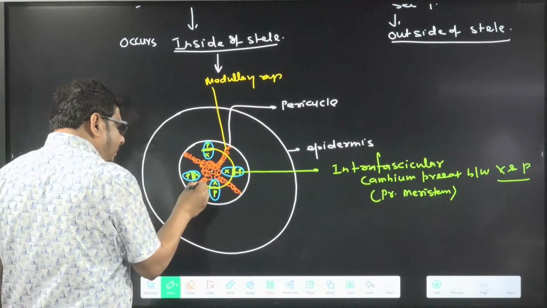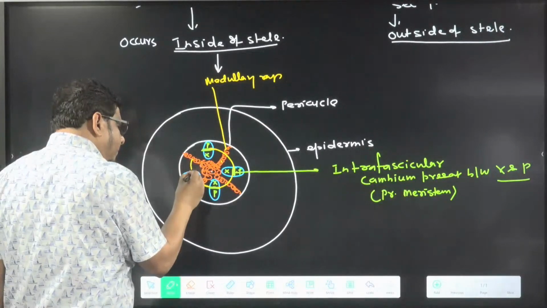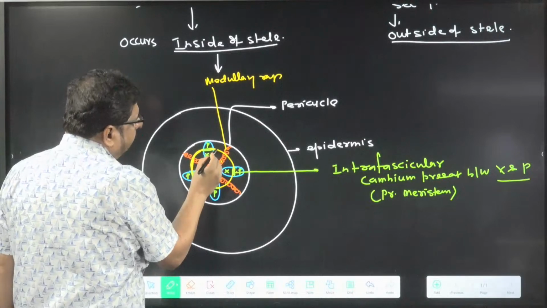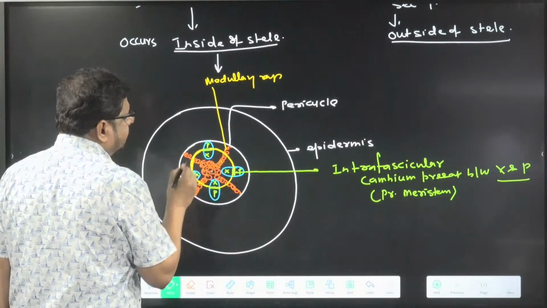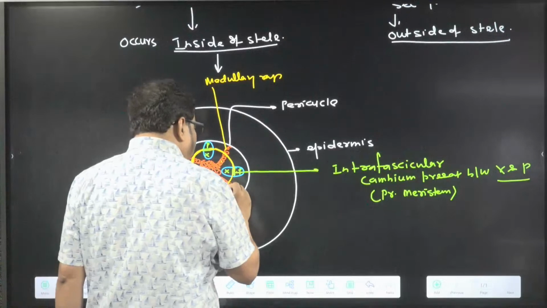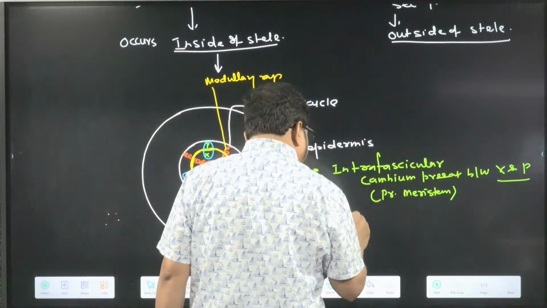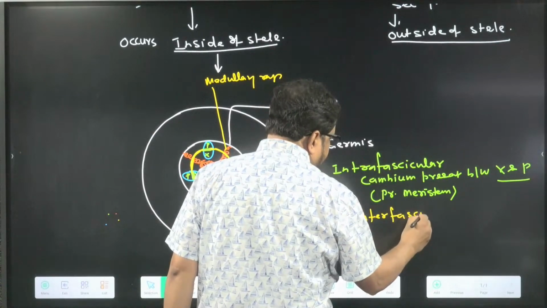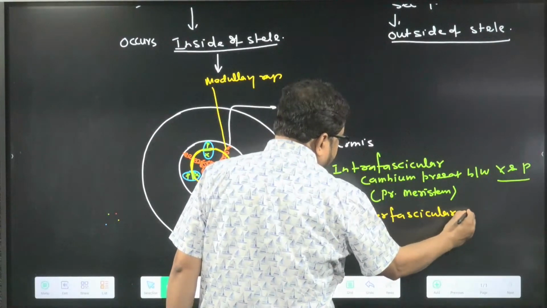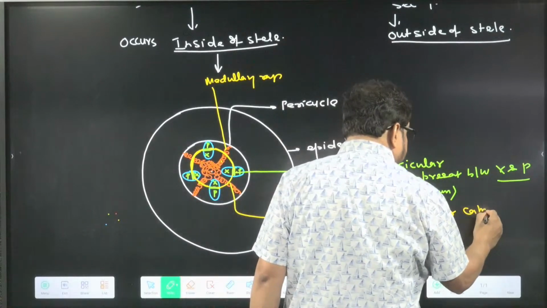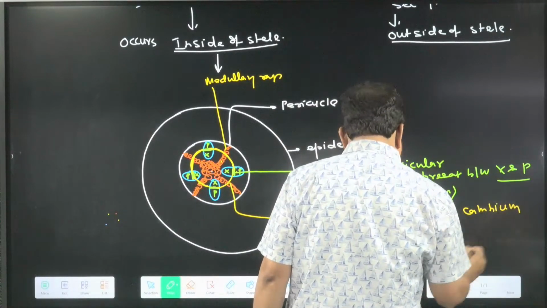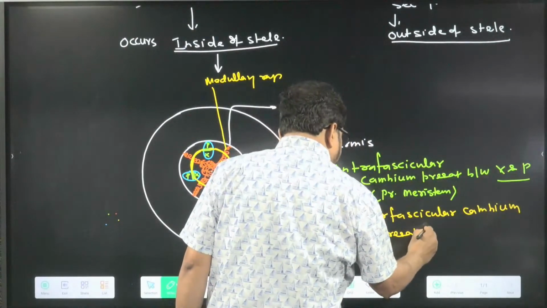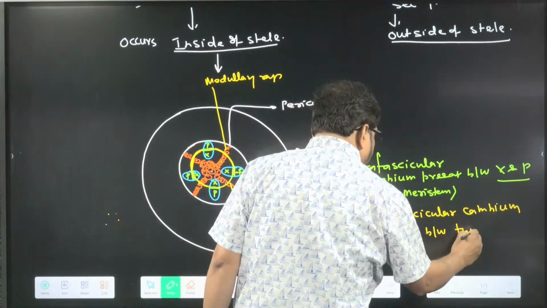This area becomes meristematic. So it undergoes the process of de-differentiation and forms a cambium called interfascicular cambium. So interfascicular cambium is present between two vascular bundles.